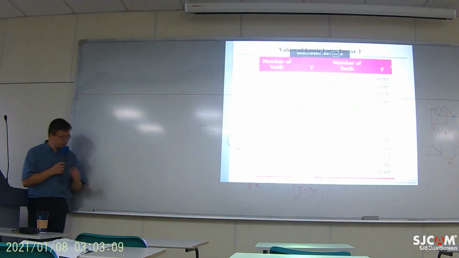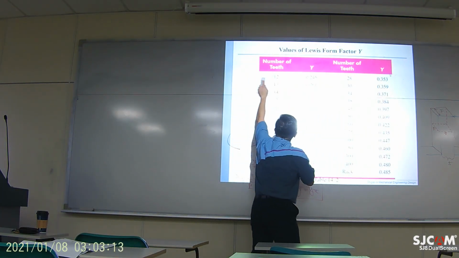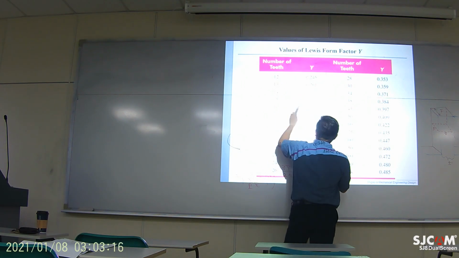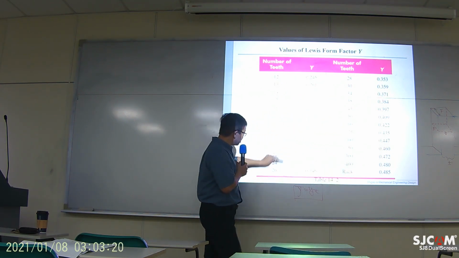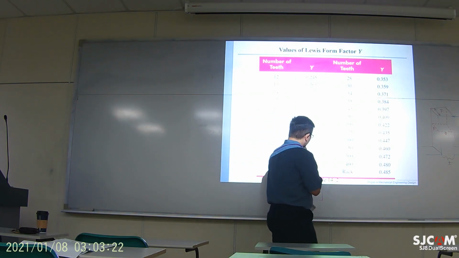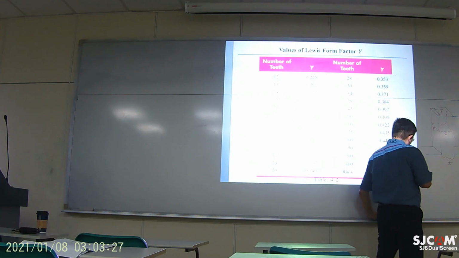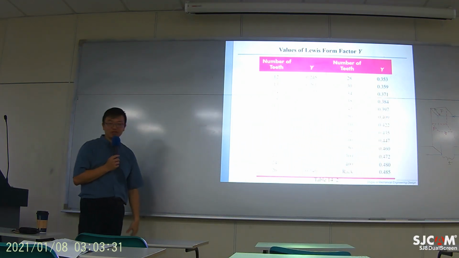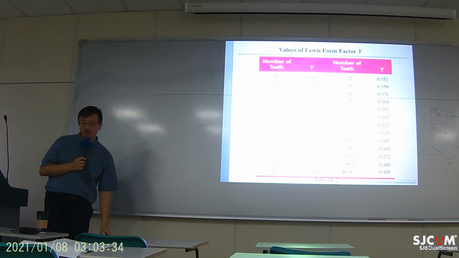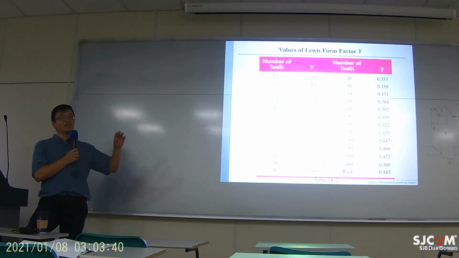Okay, let's get back to the following slide. Now, the only thing that we are not sure about is the Lewis factor. So for this particular textbook, it works with many manufacturers of mechanical components. So those values came from the manufacturer. That means when you buy a gear from any manufacturer, they may be providing their own values.